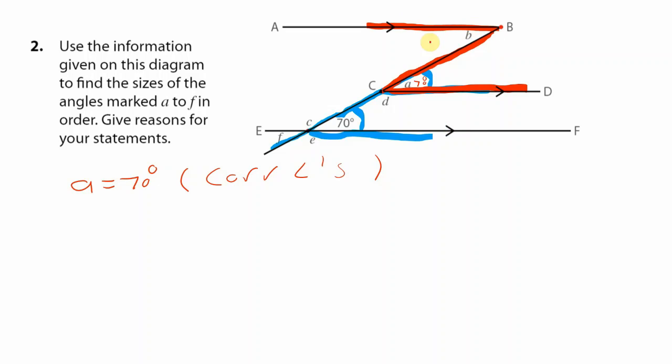So therefore we look on the opposite sides of the transversal. So this is on the right, that's on the left. They just switch.